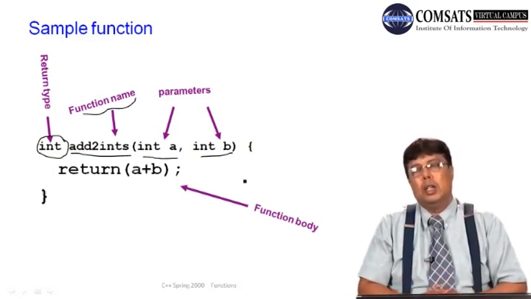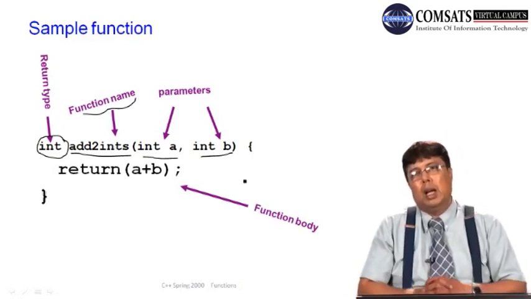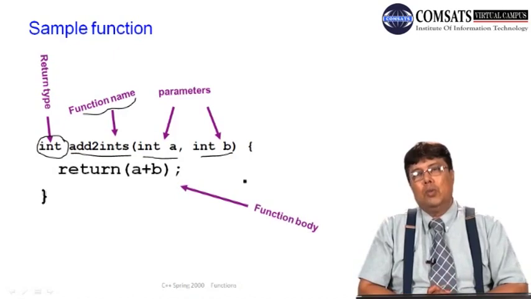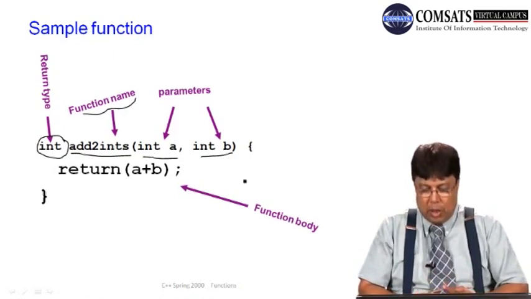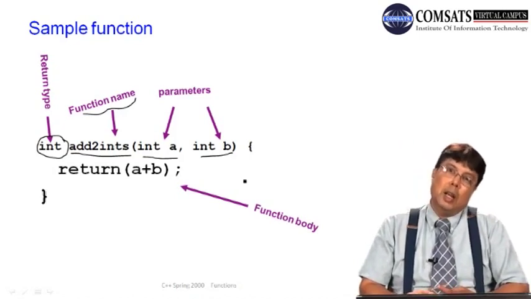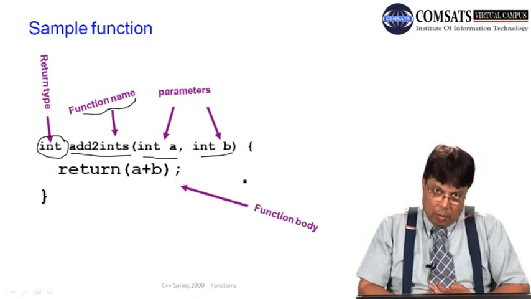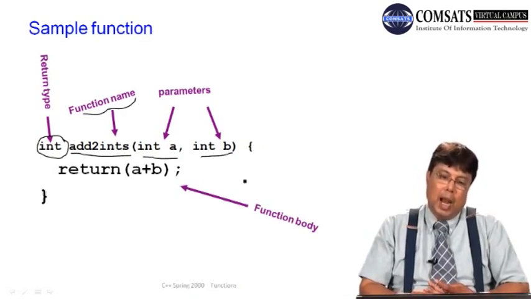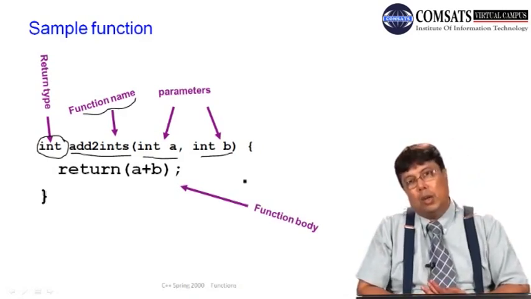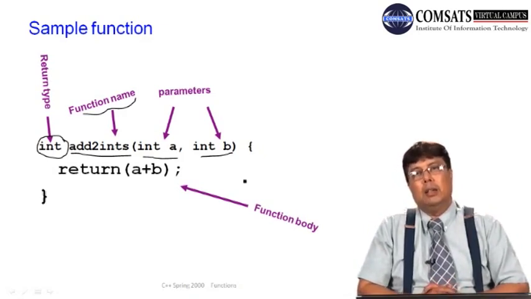Since here both are integer, so you can put them in any order, but you need to remember that we are supposed to provide 3 information. Number 1, the type of the argument. Number 2, the name of the argument, variable name. And number 3, the order of the argument. All 3 are important, that are basically the parameters or the arguments.